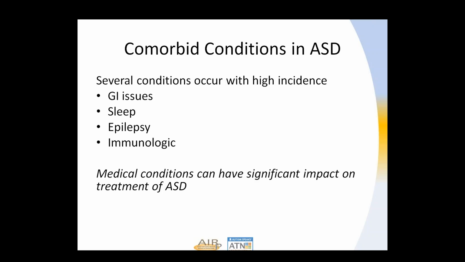And part of the theme for today's presentation is that medical conditions can have a significant impact on the overall treatment of a person with autism spectrum disorder, and it's important to be aware of any medical conditions that are present and to address them appropriately. Next slide, please.